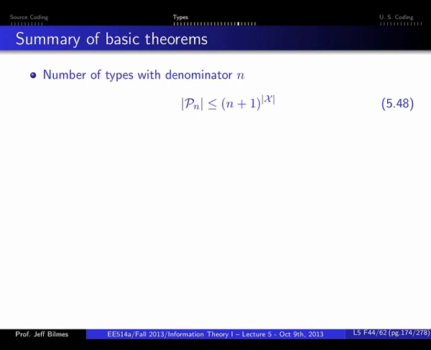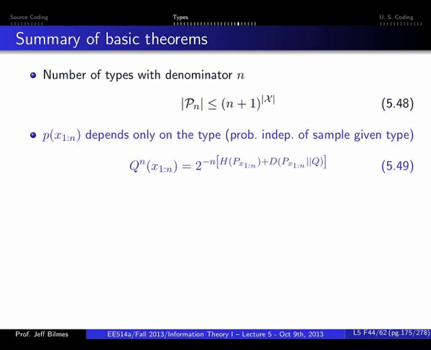Okay, so let's summarize the basic theorems again. I'm doing this a lot because I know it's a lot of notation. The number of types with denominator n is growing polynomially in n, and our expression for this is n plus 1 to the x. The probability of a sequence depends only on its type. We have a bound on the size of the type class. It's growing exponentially based on the entropy of the type.